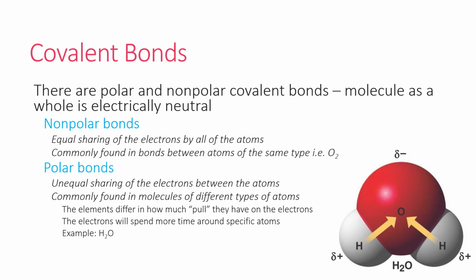So it's not an unequal sharing. These two friends both have the same Xbox games. There's really no difference in their homes, so it doesn't really matter. Your chances of finding them in either home is about the same. So that would be a nonpolar bond, where we don't get the slight positive and the slight negative charge.